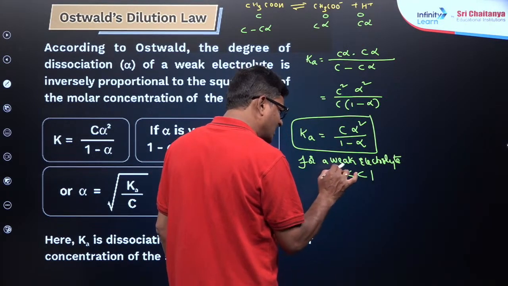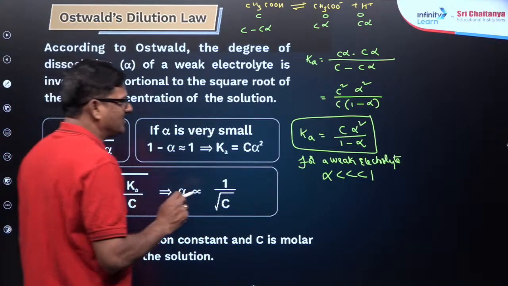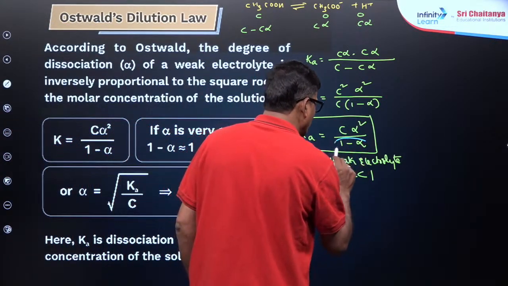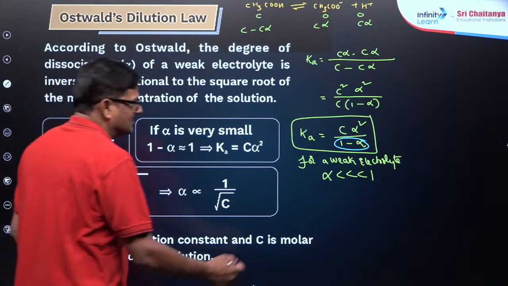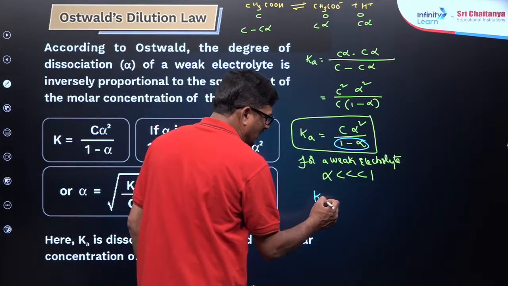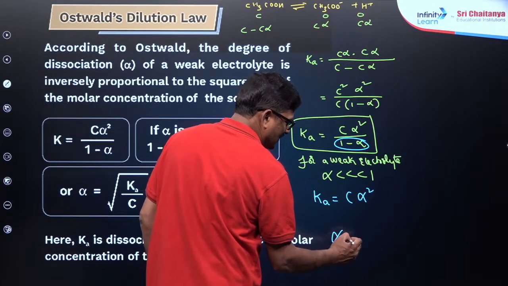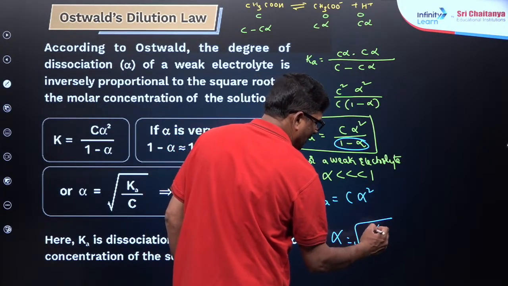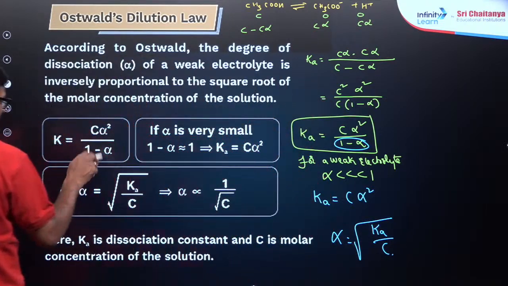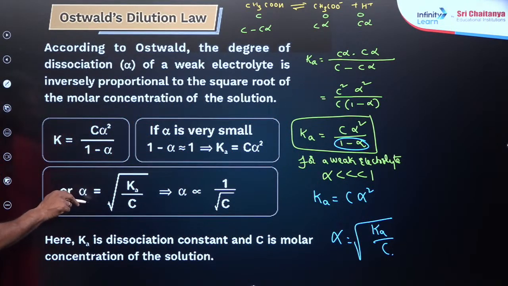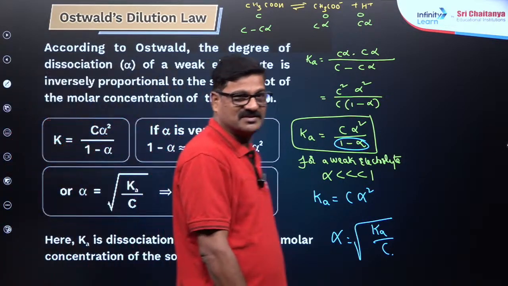So it's very small, so we can ignore this value in the denominator. So Ka is equal to C alpha square, and alpha is equal to root Ka by C. So alpha is inversely proportional to root concentration.